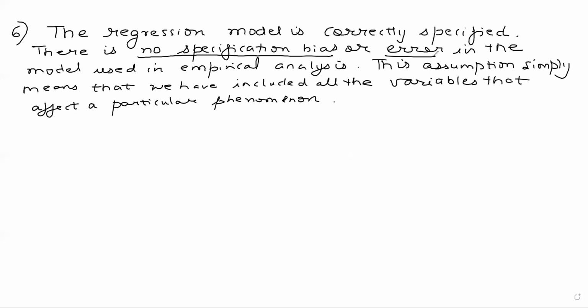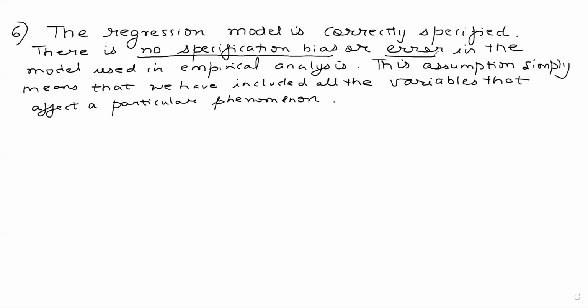Suppose I talk of demand for a commodity. When I say that the demand equation is correctly specified, it means I have taken into account all factors which can affect demand, like own price of commodity, price of related goods, substitutes, complements, income of the consumer, taste and preferences, future expectations of price.